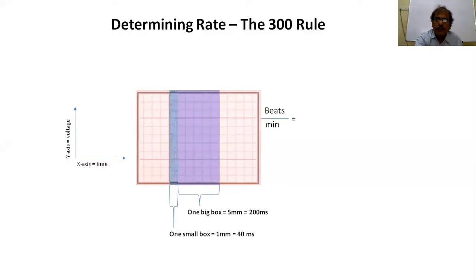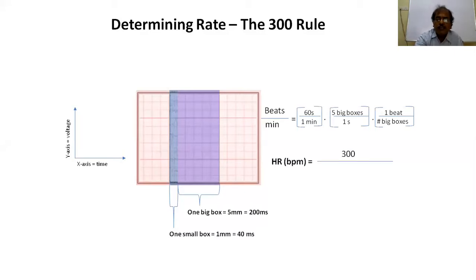Now beats per minute. How many beats per minute? That is our task now. So this is 60 seconds for 1 minute times 5 big boxes per 1 second, divided by the number of big boxes between beats. So this comes out to be heart rate in beats per minute, that is 300.